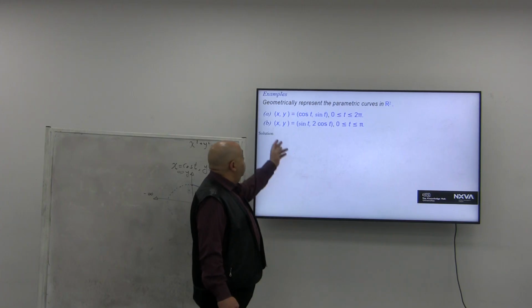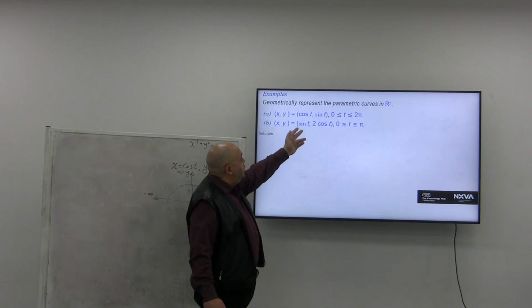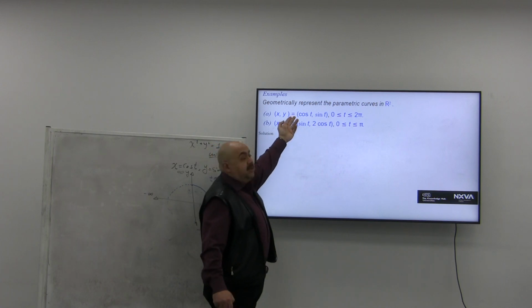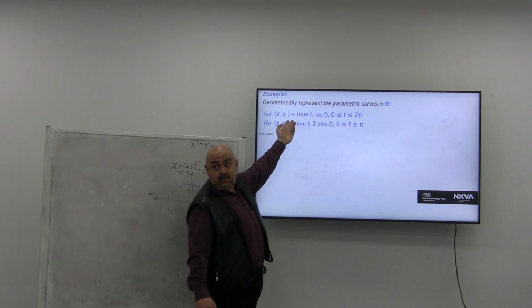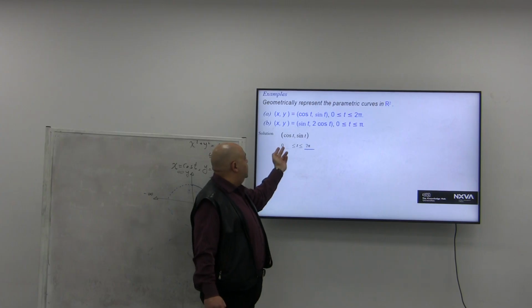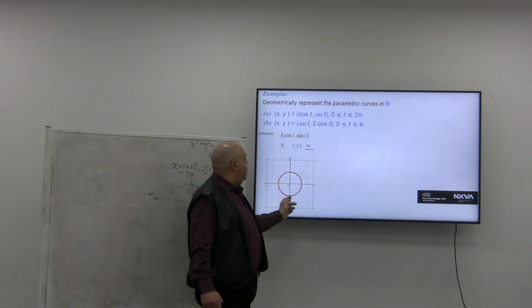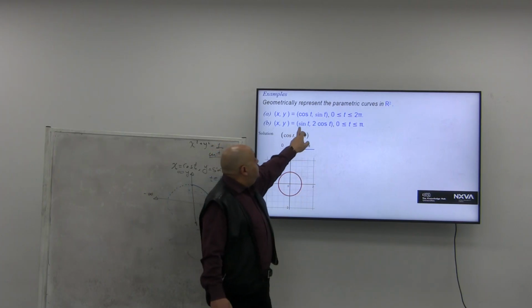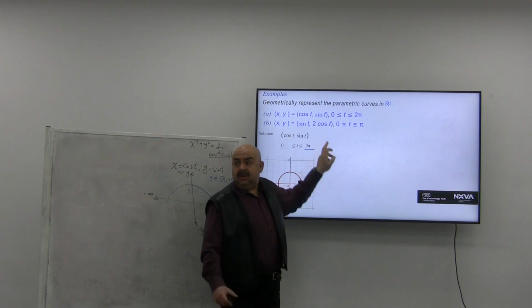For example, geometrically, cosine t and sine t, where t is greater than or equal to 0 and less than or equal to 2 pi, is going to represent a circle, as we saw just seconds ago. So t runs from 0 up to 2 pi, and this is going to be the shape of the circle. What's going to happen if I have sine t plus 2 cosine t in a similar manner?